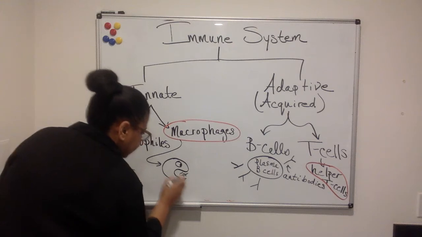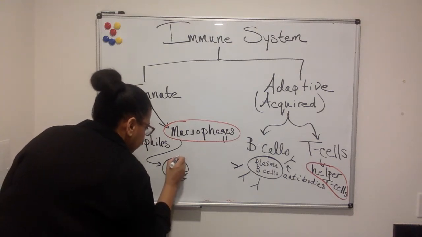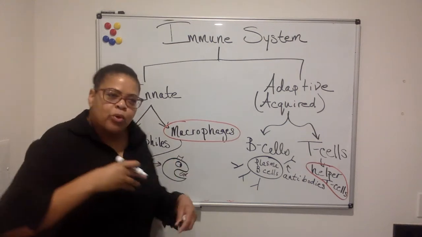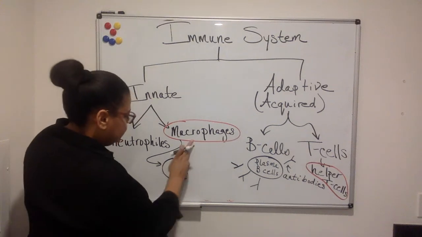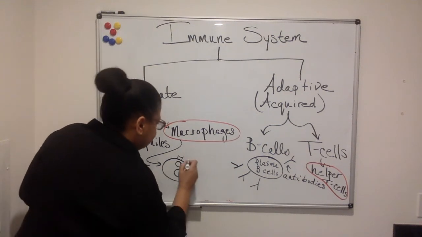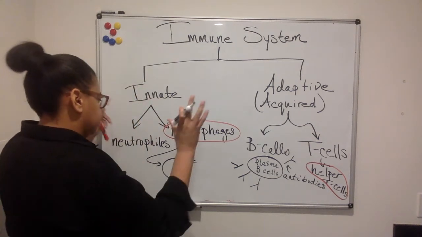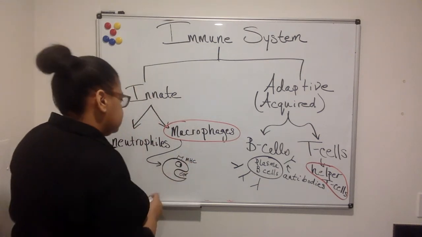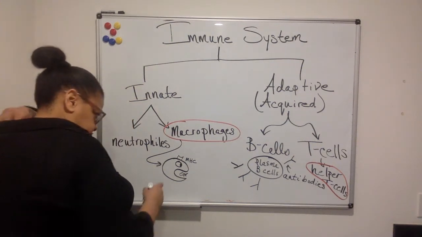Once the macrophage eats a virus, it actually will show a portion of that virus on its surface through a protein called an MHC protein. This is a major histocompatibility complex.